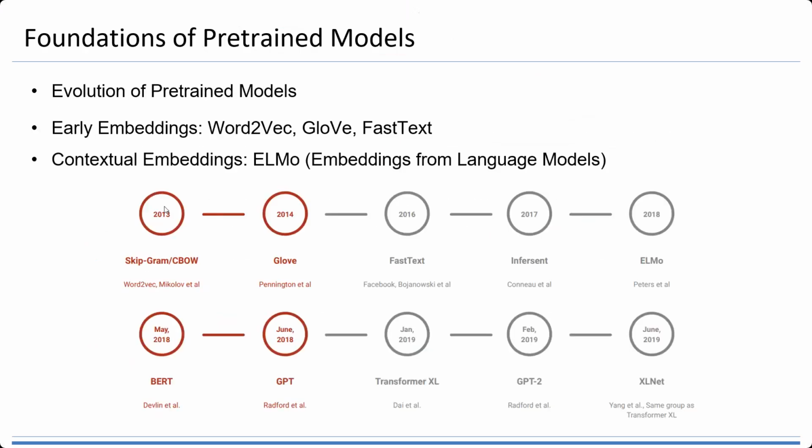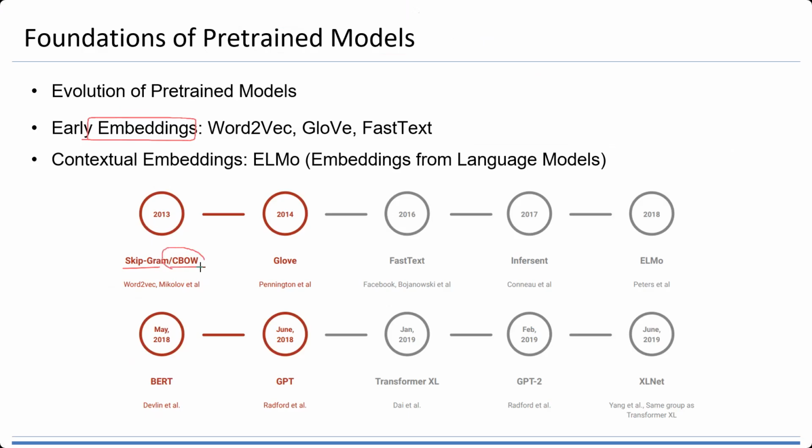Now, the evolution of pre-trained models. In the early days, they used only embeddings. I mentioned to you about skip-gram. I also mentioned CBOW.